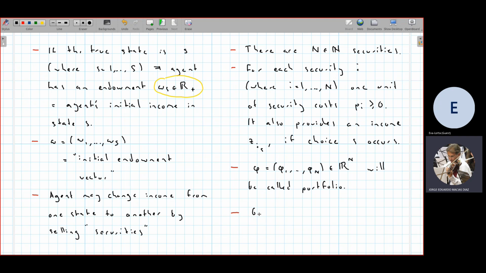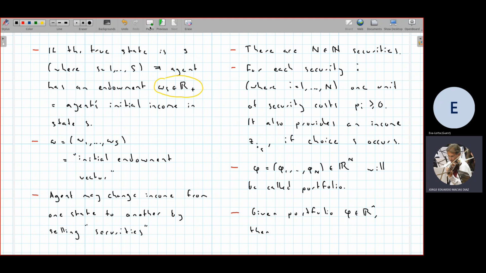And given a portfolio phi, then we're going to define the income in state s through the next formula, but maybe I should wait for you to finish copying. Please let me know when you finish. Oh, you're ready? Okay, thank you.